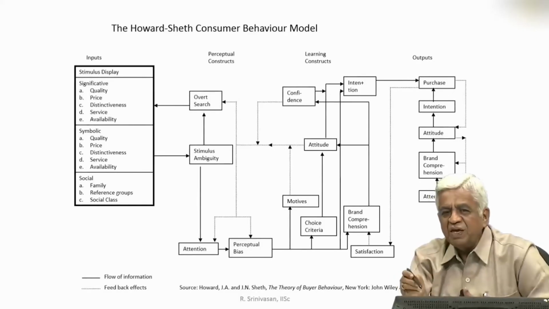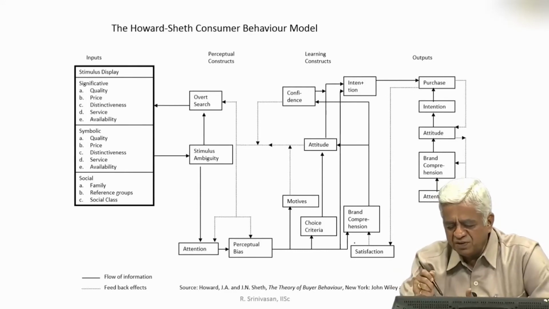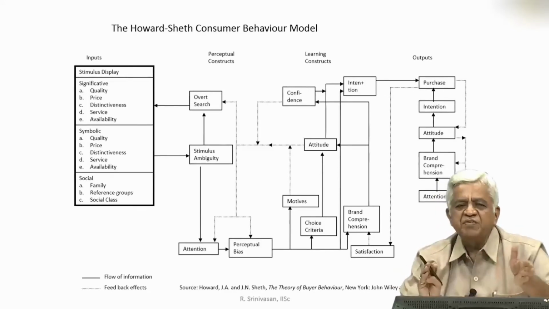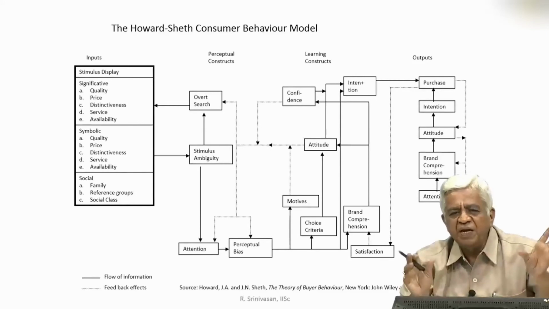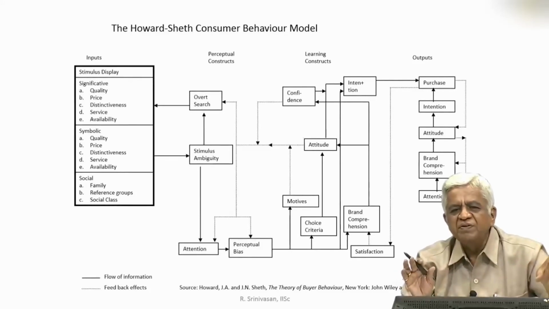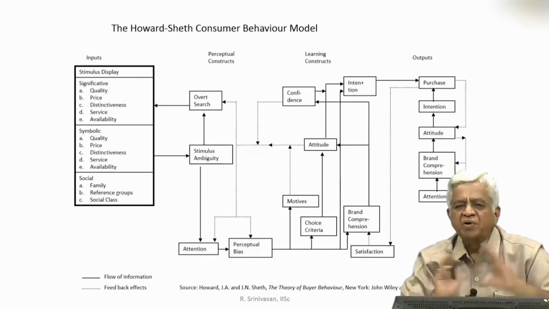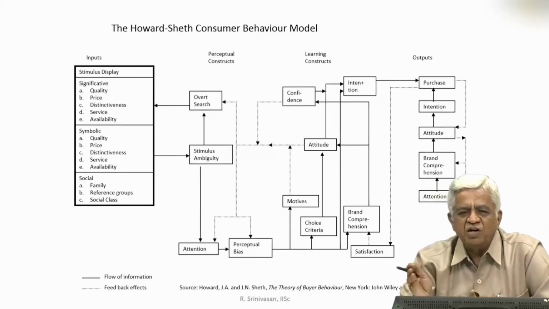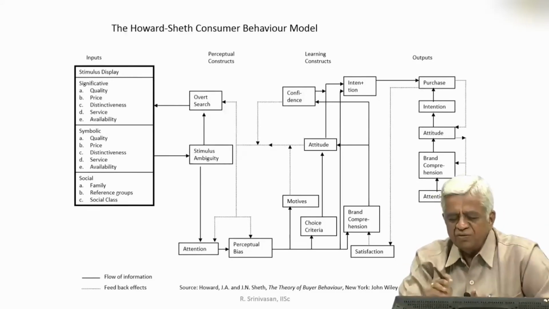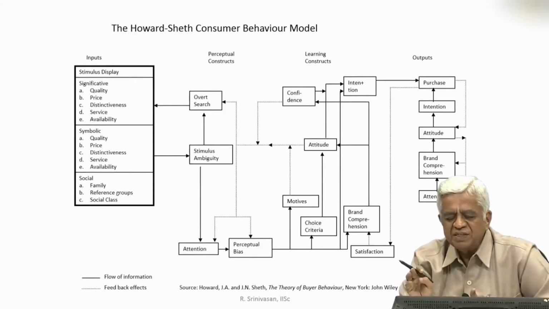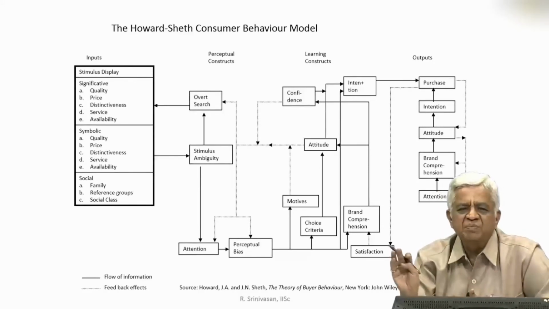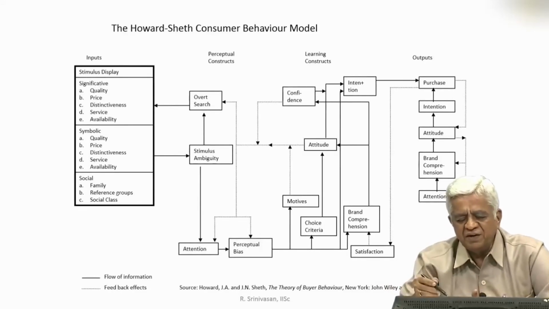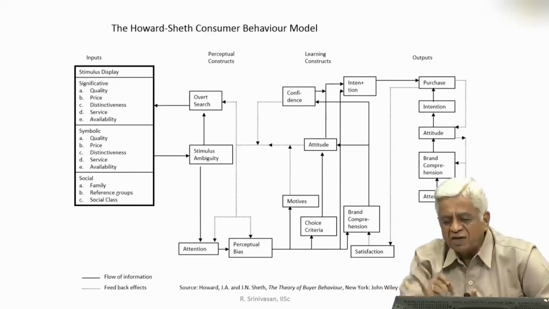The buyer's behavior intentions are also influenced by the types of brands which are competing to satisfy this particular product category. That is the brand comprehension. Take a washing machine, for example. You have so many brands like the LG, the IFB, the Samsung, so many of them. So all these are catering to this particular market segment.